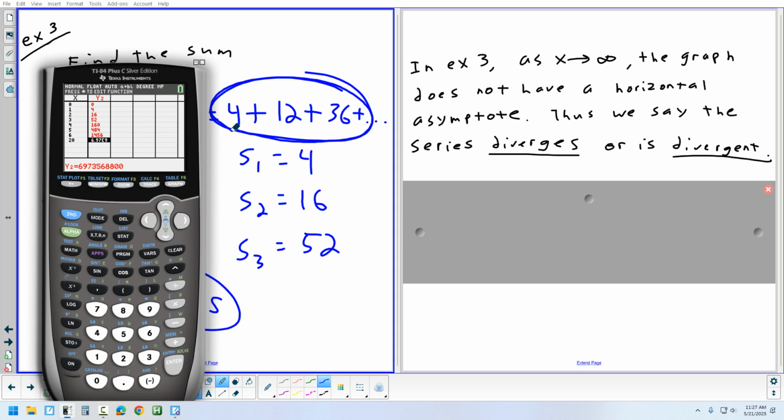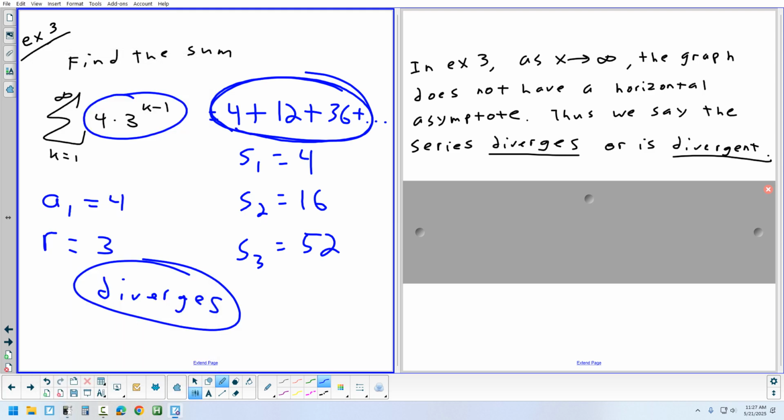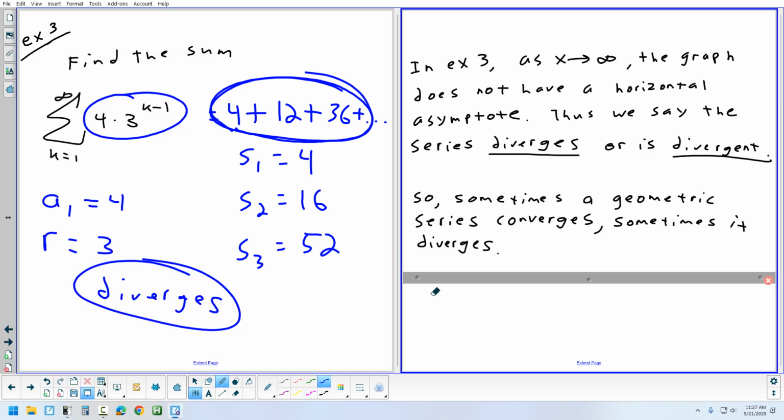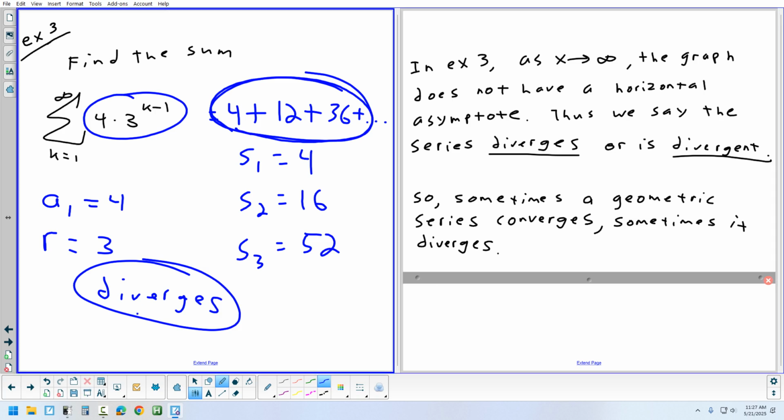It doesn't approach a horizontal value, a horizontal asymptote. Okay, so sometimes a geometric series converges, sometimes it diverges. If it converges, then we have to find what's called the limit. That's the value that it is approaching. This one, you would not be finding that because it diverges.